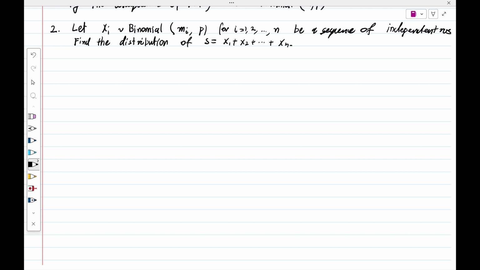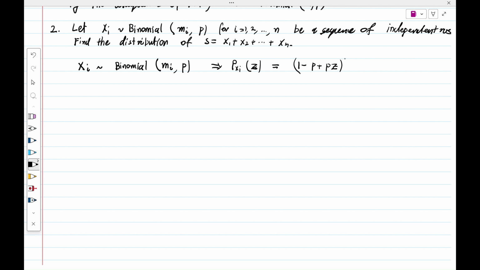So, in this particular case, what we're going to recall is if Xi has a binomial distribution with parameters mi and p, this implies that the probability generating function, evaluated at z, is (1 minus p plus pz).